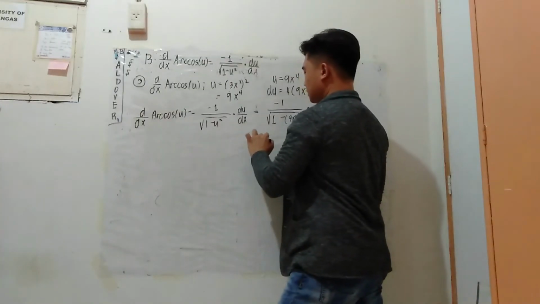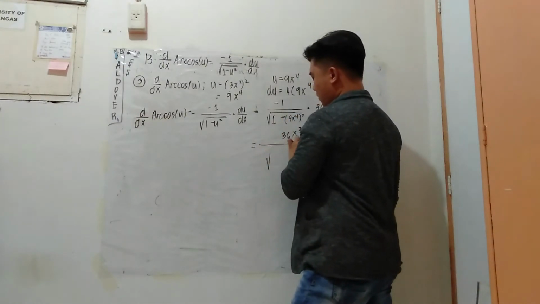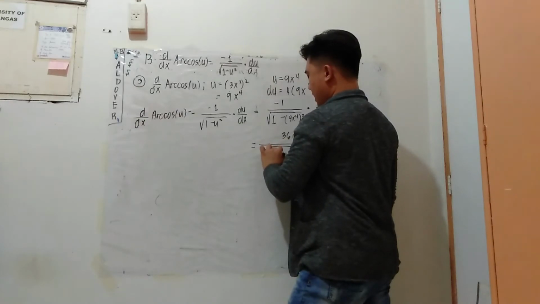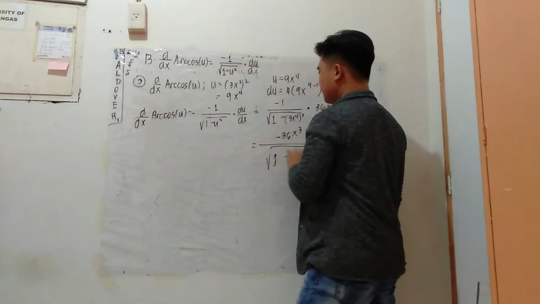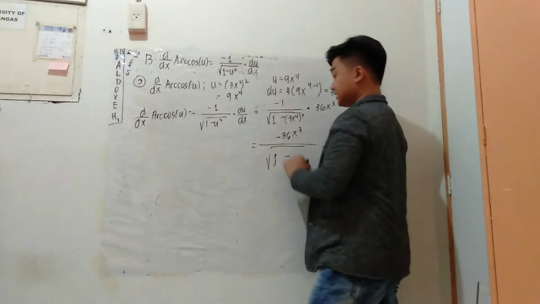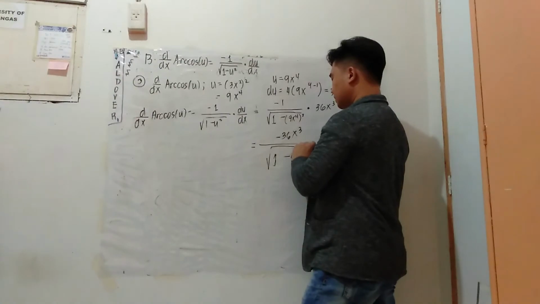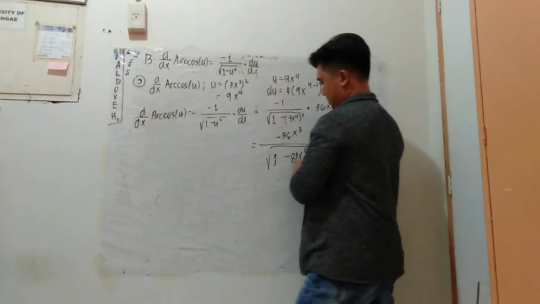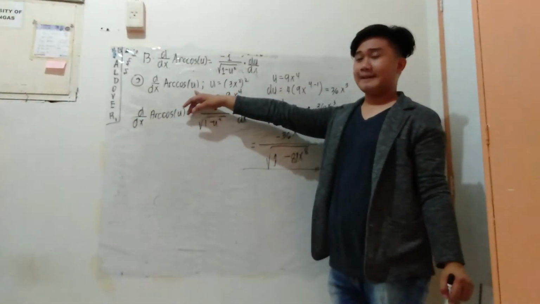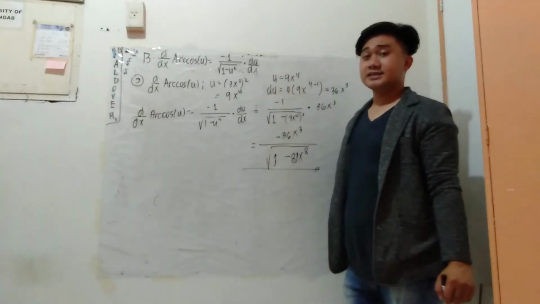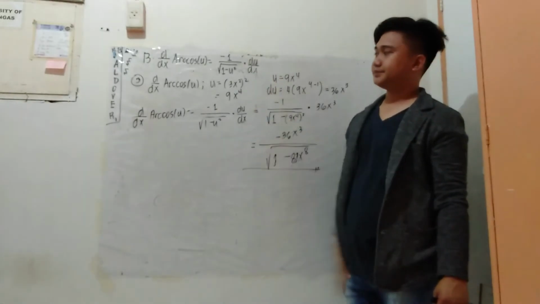So, this is equal to negative 36x cubed all over square root of 1 minus 9 squared, which is 81, x raised to 4 na naka-squared, that is x raised to 8. And that is the derivative of arc cosine of u given that u is equal to 3x squared na naka-squared pa. You know? Okay?